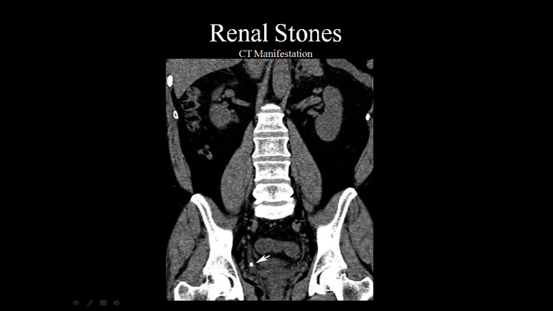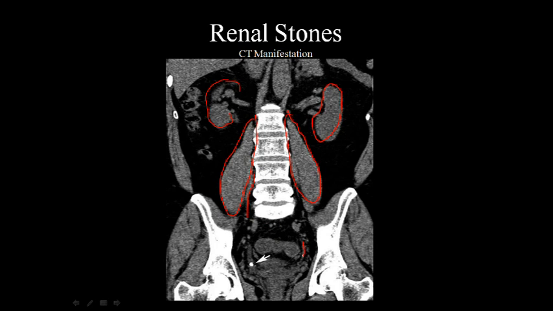This just demonstrates the benefits of a coronal image over sometimes an axial image. We have the psoas muscles here, and typically your ureters are going to lie around the psoas muscles. We have the kidneys here, and then it seems like we're tracing the ureter potentially coming here.